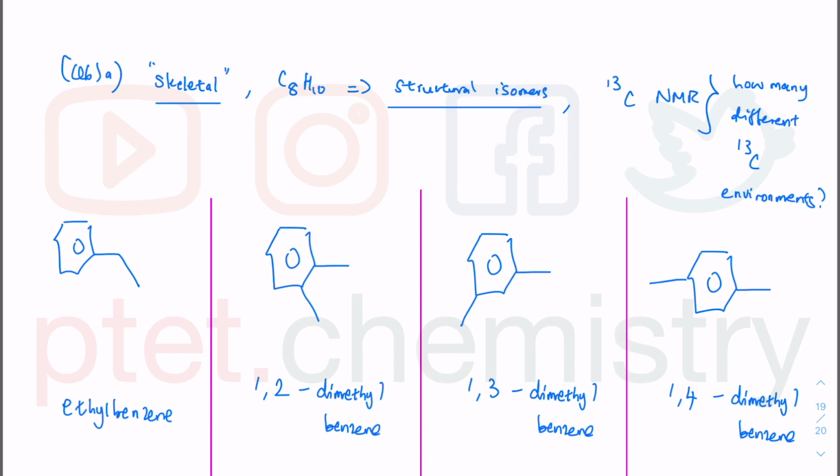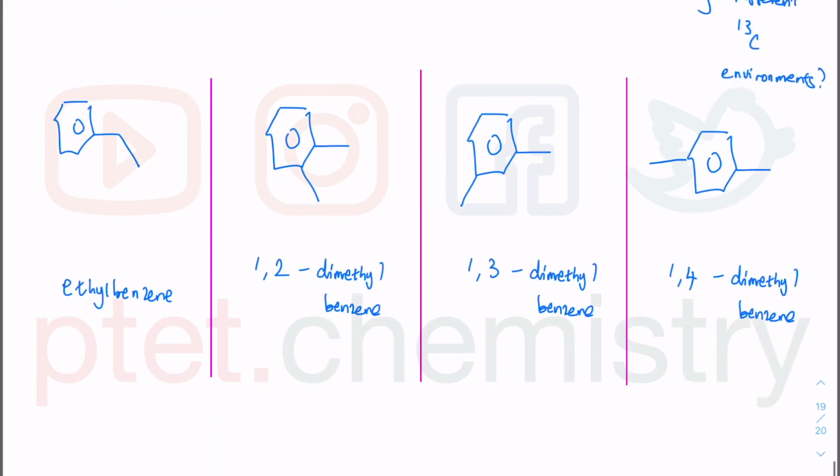Now having looked at these, we need to think about the number of carbon environments that are different. Here you can hopefully see there is a symmetry. So everything here, this is different from this carbon here. So this carbon and this carbon are different. This carbon and this carbon are the same. They will appear as the same signal due to symmetry.